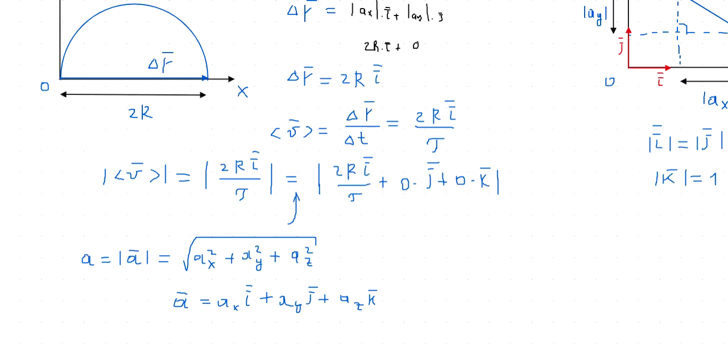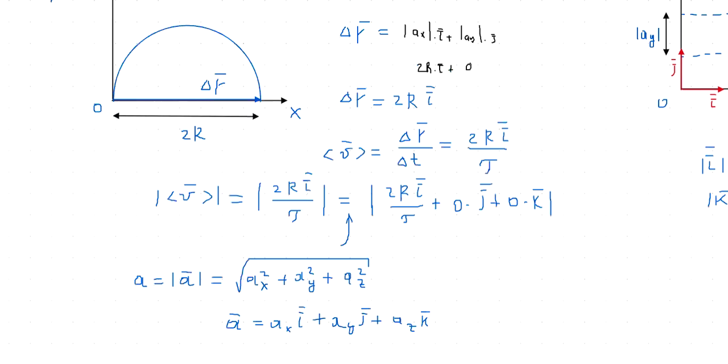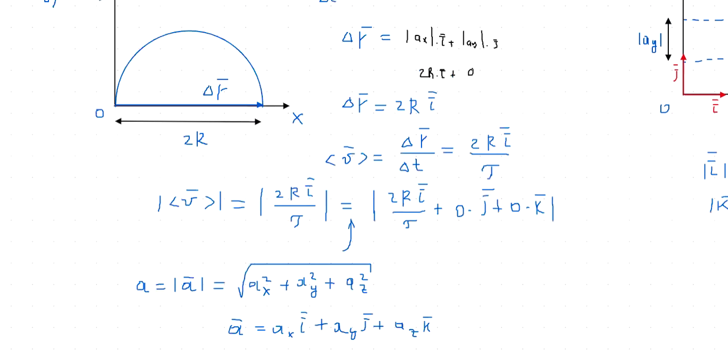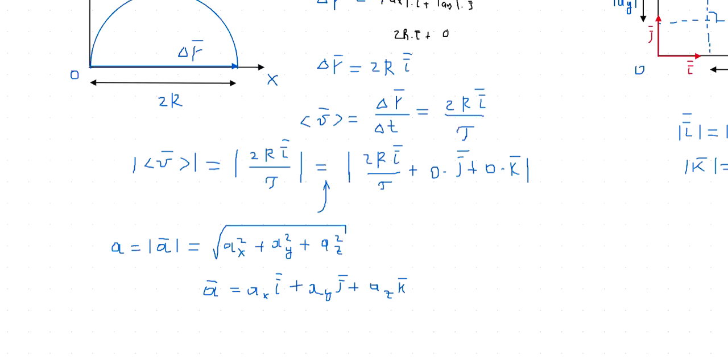Okay, and then the answer must be like this: 0, 0, because the direction of delta r is the same as the direction of axis x. And of course, this and this are the same.